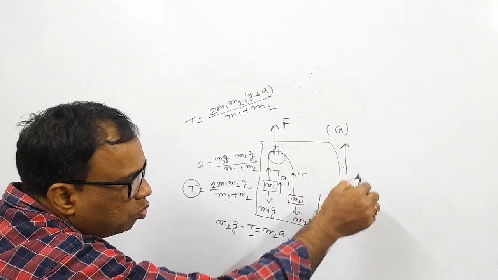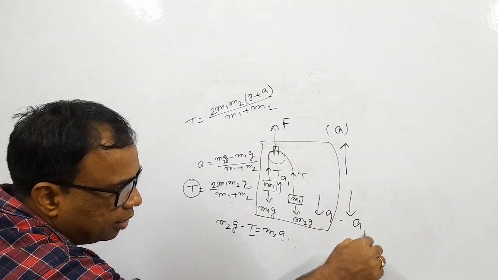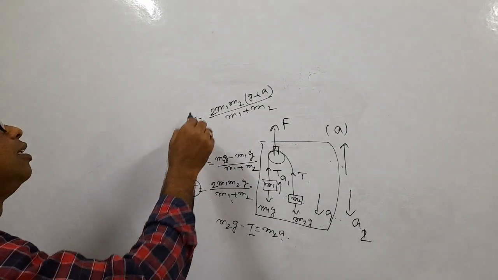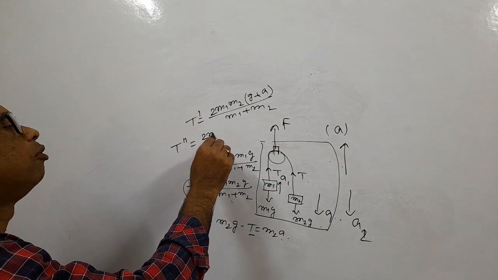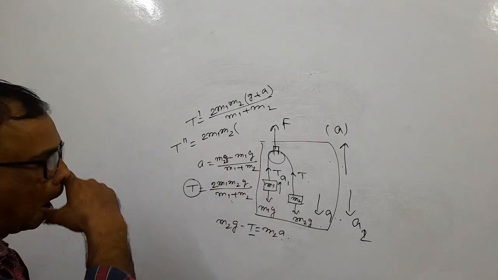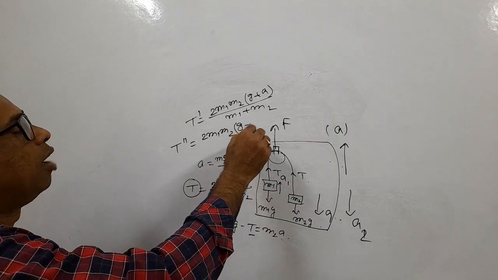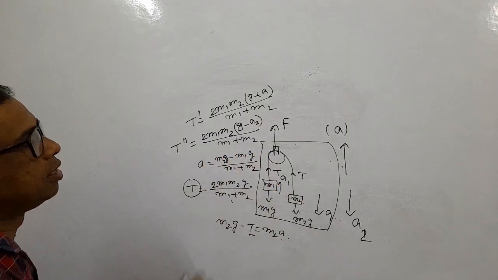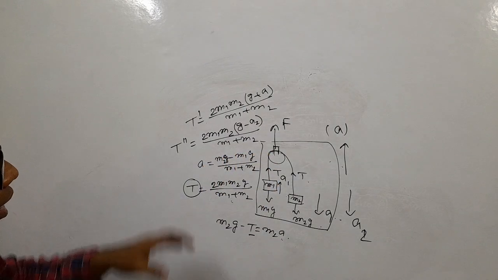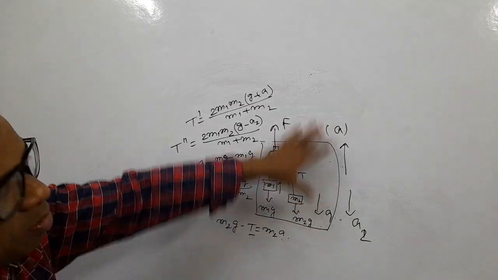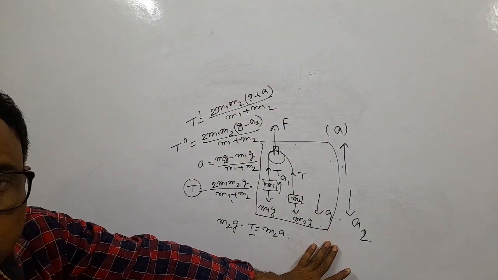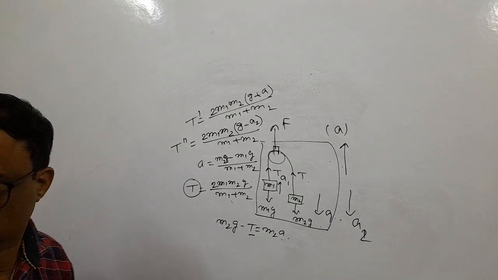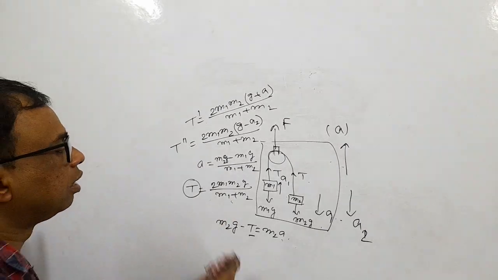If the system moves downwards with acceleration A2, then tension changes again: 2 M1 M2 (g minus A2) divided by (M1 plus M2). So tension changes if the system is moving upward or moving downward. Clear?